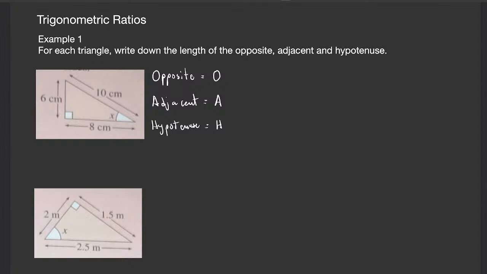Well, these lengths or these sides of our right angle triangle are determined based on the position of our angle.